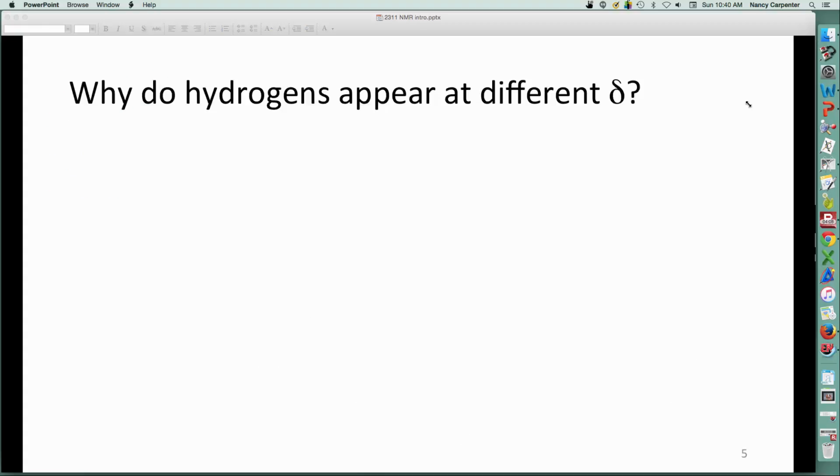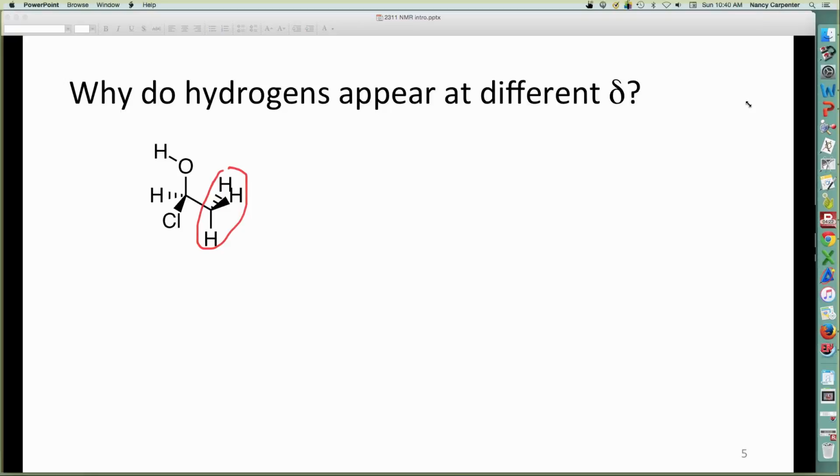So first off, why do these hydrogens appear at different parts per million? The symbol delta is the abbreviation for parts per million. It's called the chemical shift. It's where things appear. And the reason hydrogens appear at different chemical shifts is because they're in different environments. The 3 hydrogens of this methyl group are in a completely different environment than the single hydrogen that's next to the chlorine and the oxygen.